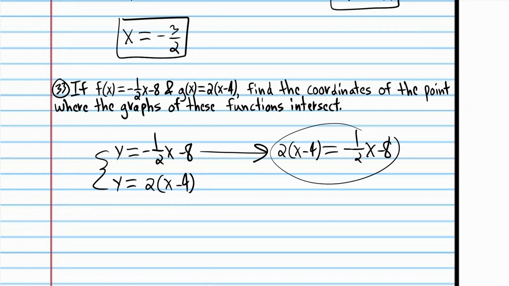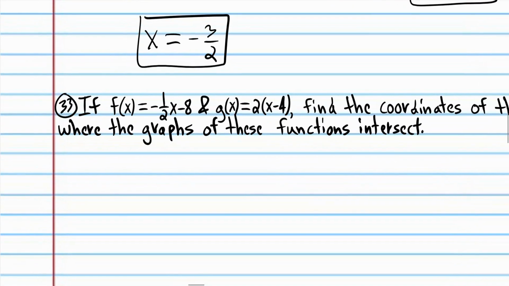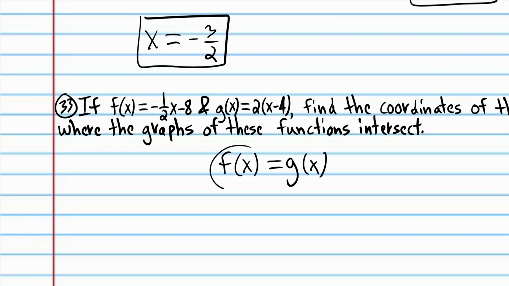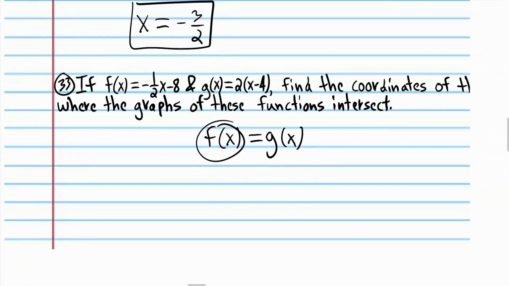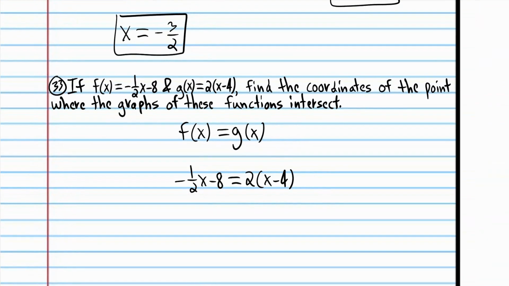So we're setting the y values equal to each other. But in terms of the function notation, what that means is we're setting f of x equal to g of x, because again, these are the y values. So y is equal to y, and then f of x is equal to negative 1/2 x minus 8, and g of x is equal to 2 times x minus 4, just like we did when solving a system of equations.